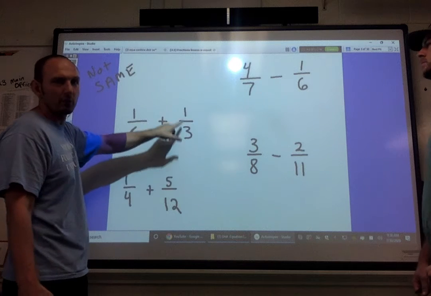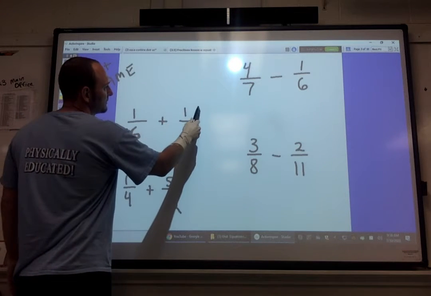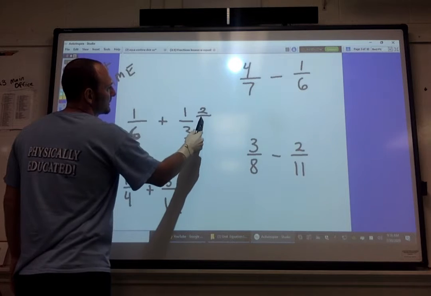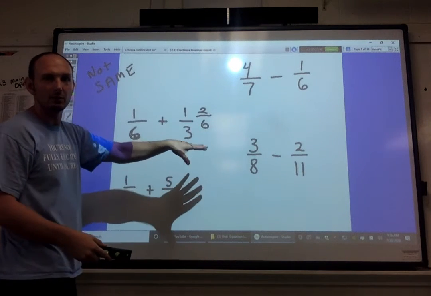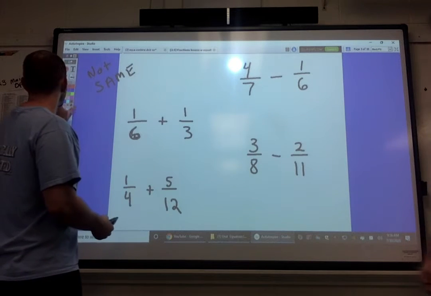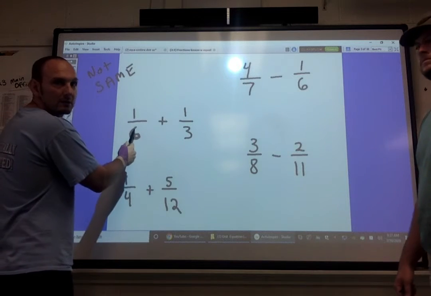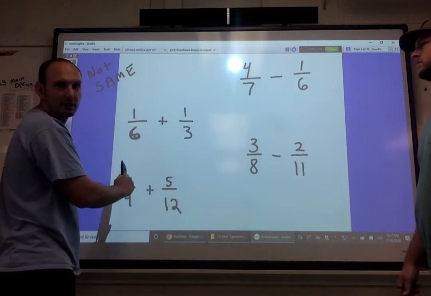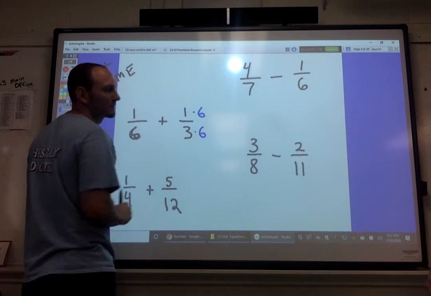Well, I can double this fraction, and it's still the same ratio, multiplying the top and bottom by 2, and it's 2/6. So now the denominator is the same, and the answer is going to be 3/6. Well, if you don't know your multiplication, what I do is I take the denominator of this one and multiply that whole fraction by it. So I'm going to go times 6, times 6.